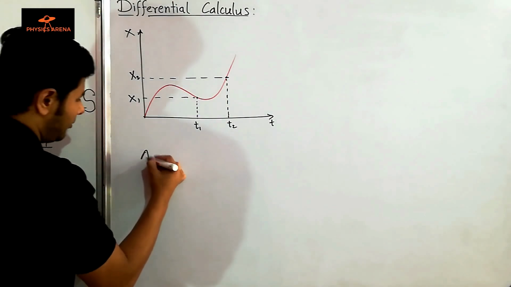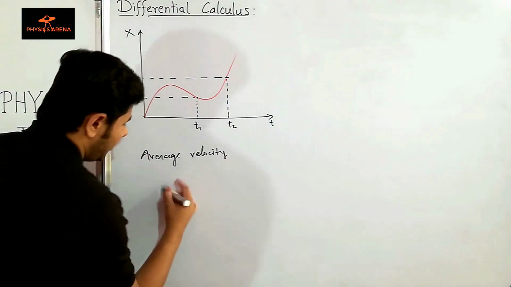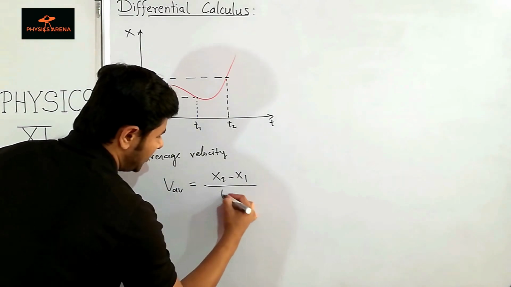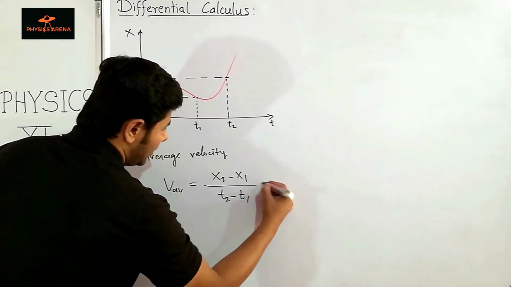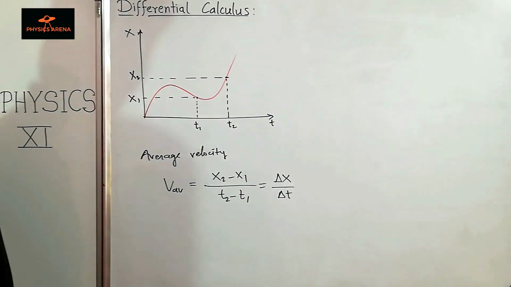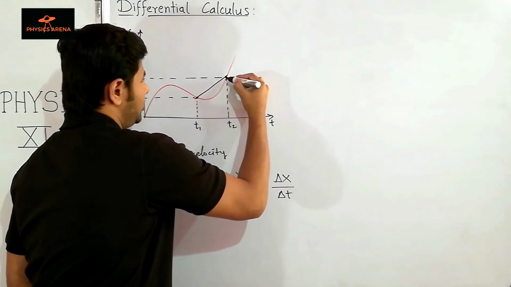Then we know that average velocity V average is equal to x2 minus x1 divided by t2 minus t1, change in x over change in t. And it is the slope of this line passing through these 2 points.